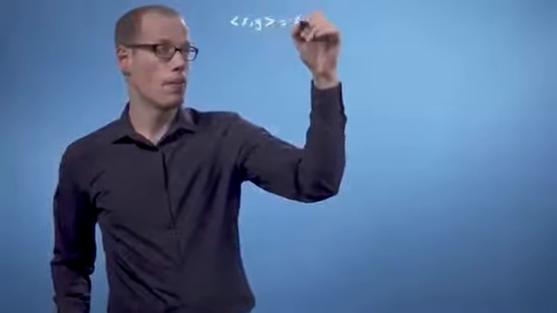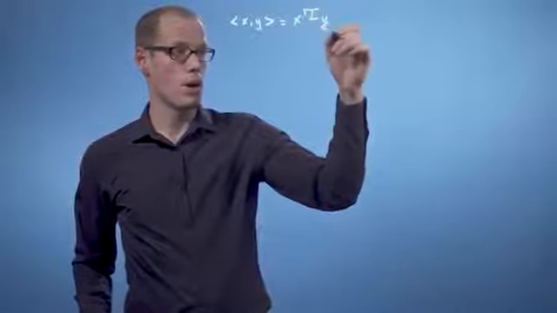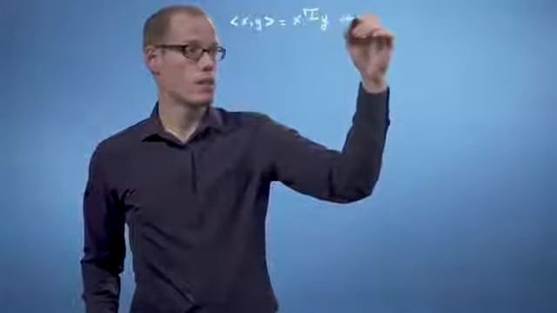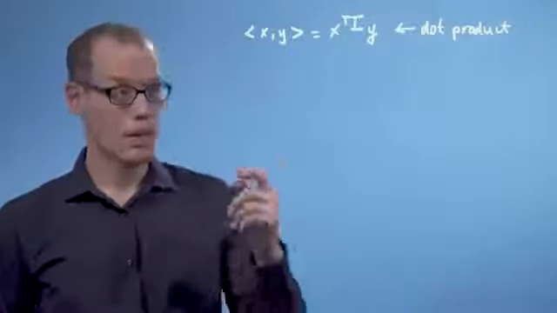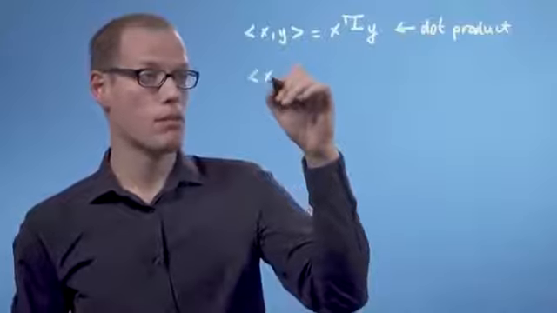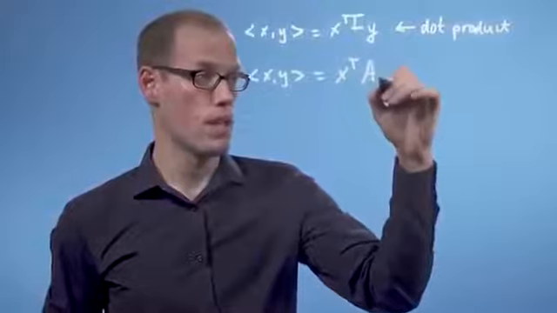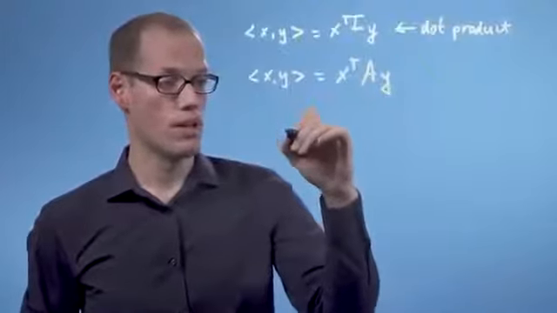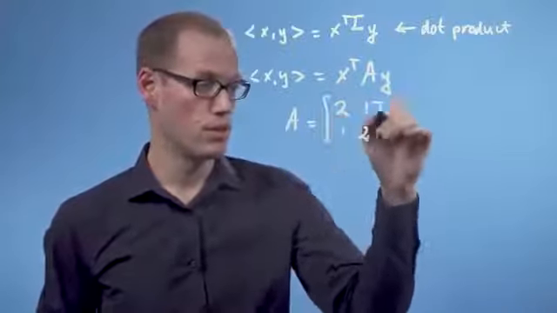Let's have a look at an example in R2. If we define our inner product to be x transpose times the identity matrix times y, then we get exactly the dot product that we are very familiar with. But now let's have a look at a different example where we define our inner product to be x transpose times A times y, where A is the matrix 2, 1, 1, 2.